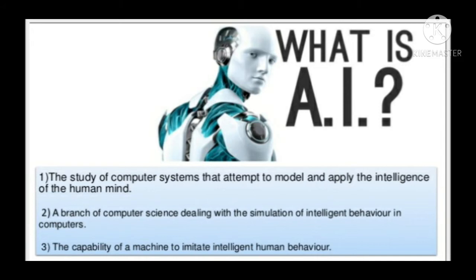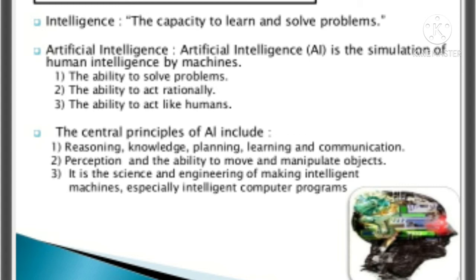So the main goal of AI is to develop computers that are smart and take decisions to solve problems themselves, just like us. In the case of humans, they are capable of learning from experience. And that's why he is known as intelligent.